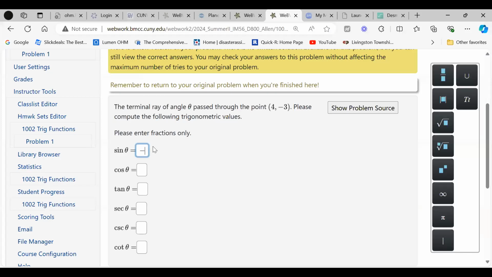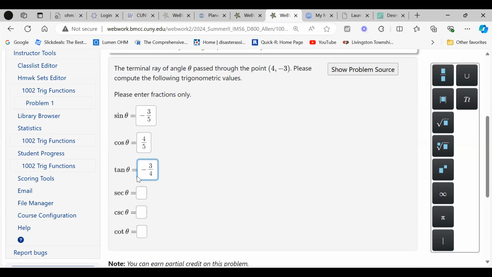Sine is -3/5 here. Cosine is 4/5. And tangent will be sine over cosine, right? Tangent theta equals sine theta over cosine theta, so -3/4. So basically, if you get sine and cosine, you can get the rest of them, right? The secant will be the reciprocal of the cosine, so it's 5/4.